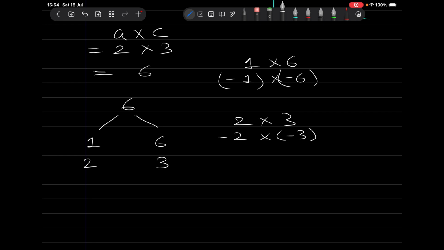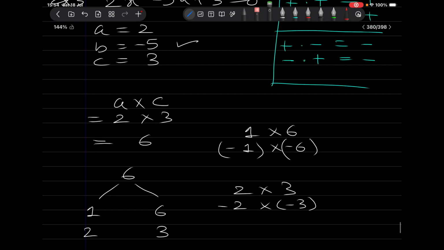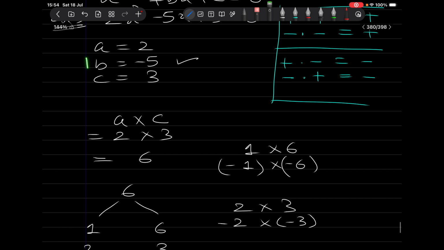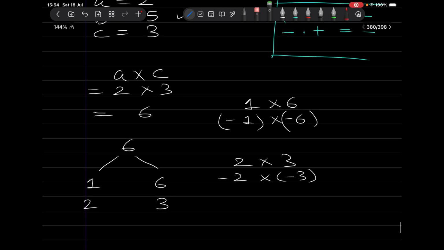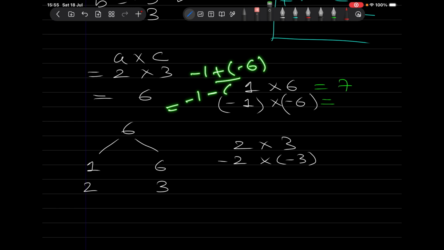All these will give 6, but I also have to check that the sum of the integers gives the coefficient of the middle term, that is b, equal to minus 5. So if I sum 1 plus 6, that is equal to 7, minus 1 plus minus 6, that is equal to minus 7.